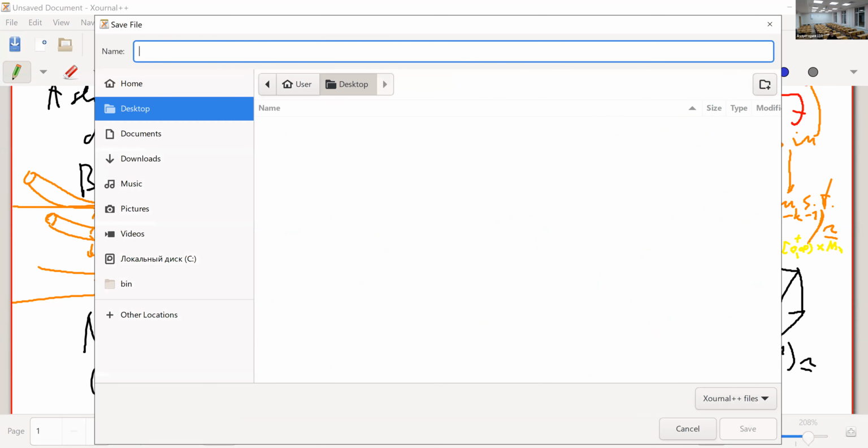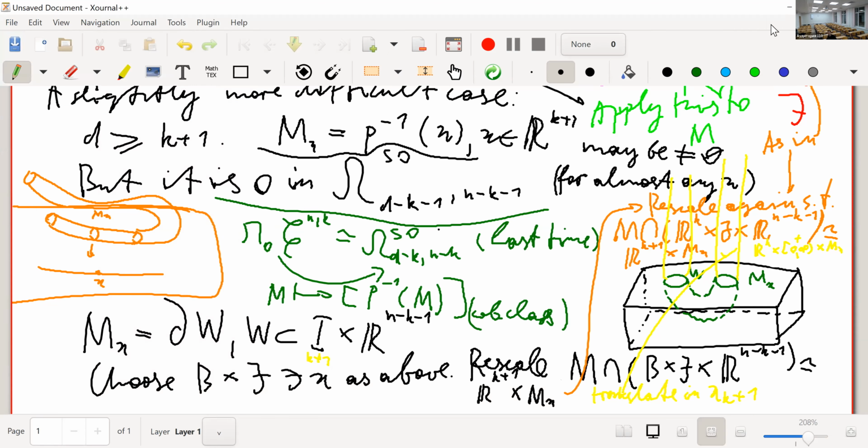Впереди нам нужно закончить доказательство того, что отображение индуцирует изоморфизм гомологических групп. Мы сейчас провели подготовку к этому.